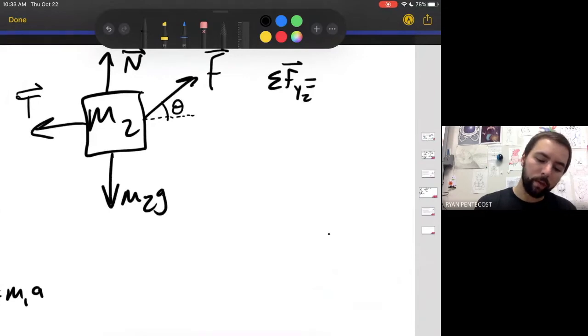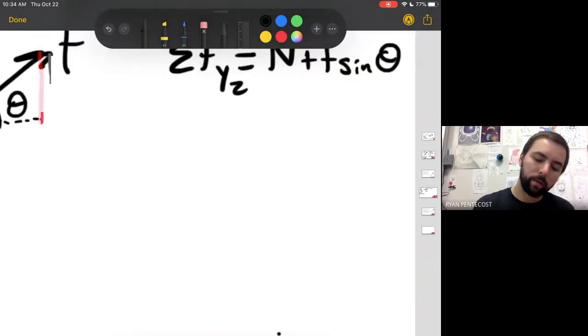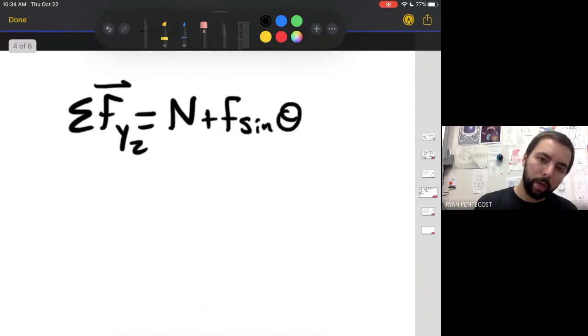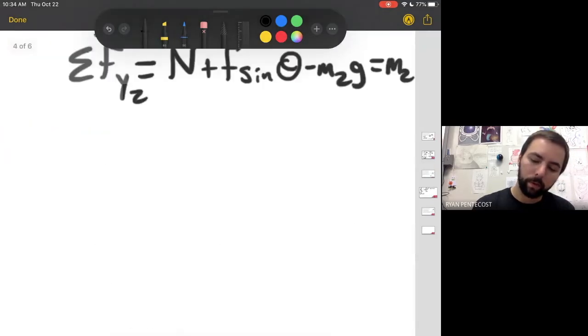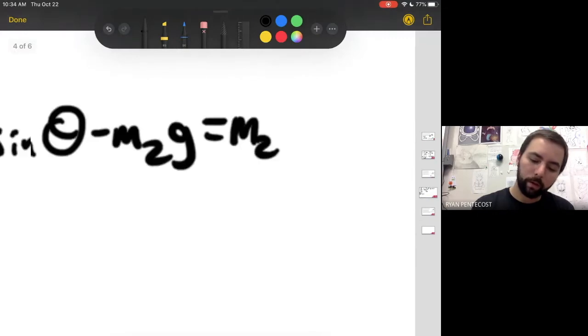We have normal force plus F times the sine, the opposite of that angle, F sine theta, minus M2G equals M2A.